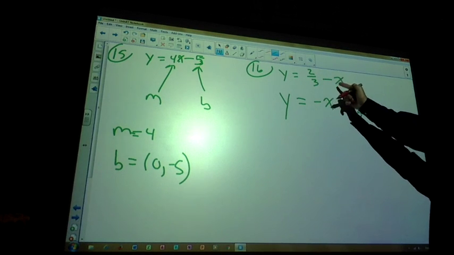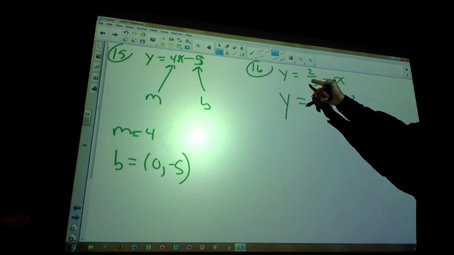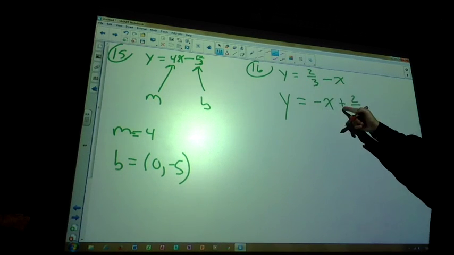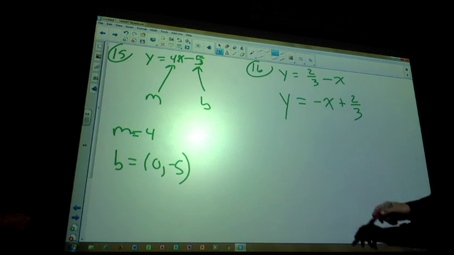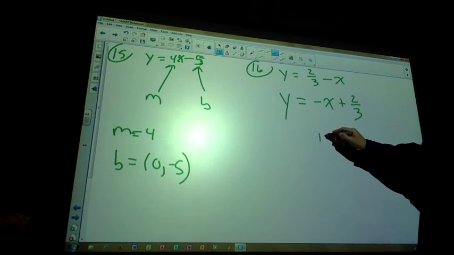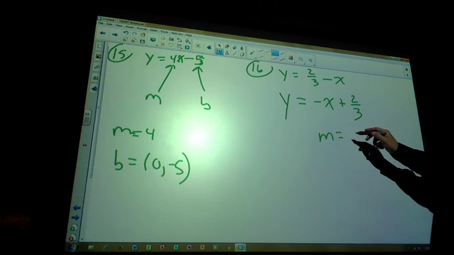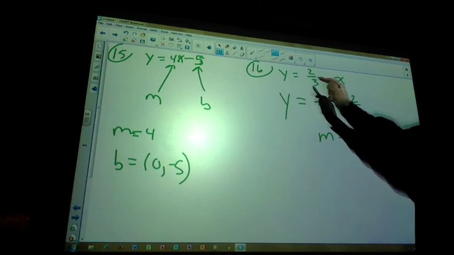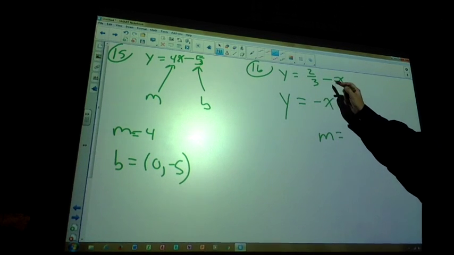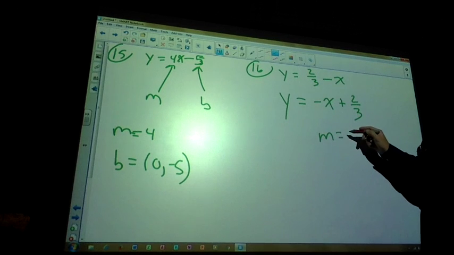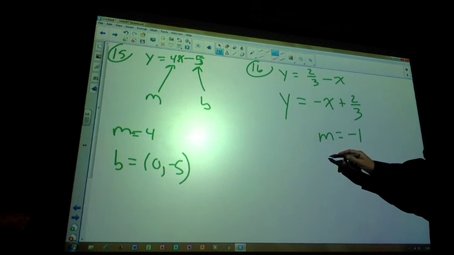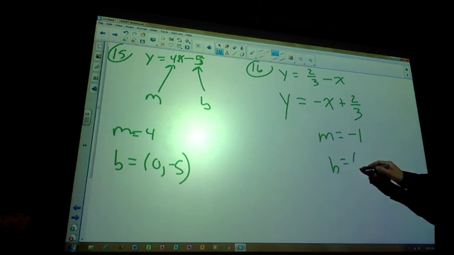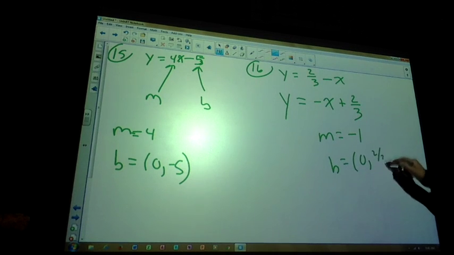Notice this was a -x, that's a -x. 2/3 stands alone, so it's got to be positive. That's why it's plus 2/3. Would it be x minus 2/3? No, look. What is the sign here? Plus. So this has to be positive. The sign here has to follow. So our slope is -1, and our y-intercept is 0, 2/3.